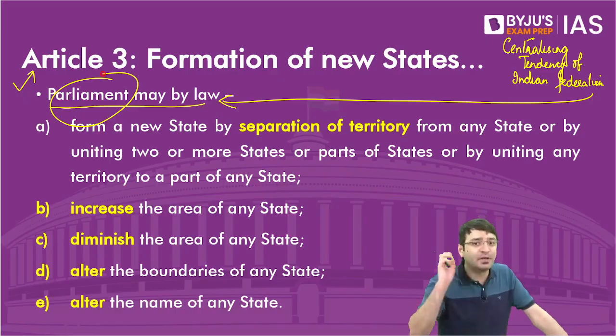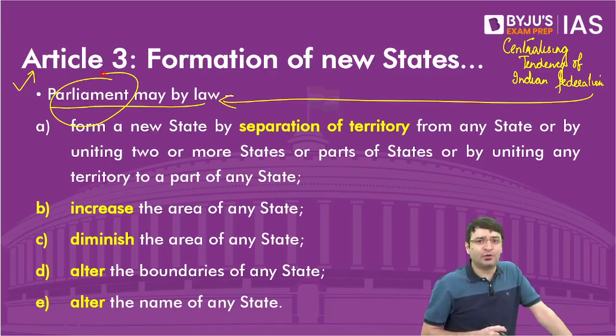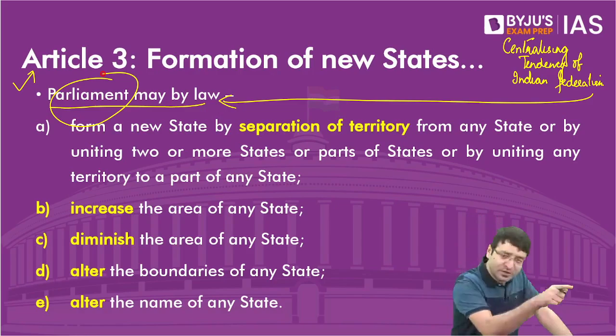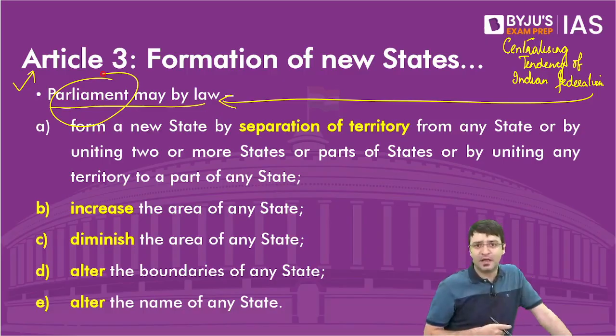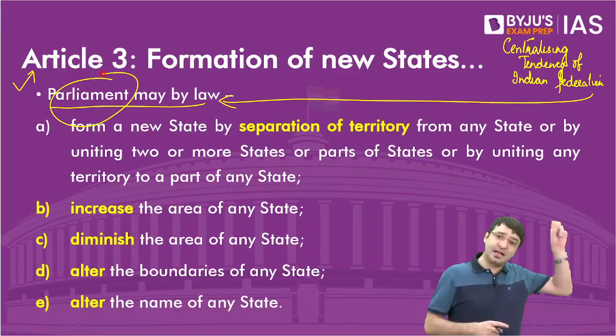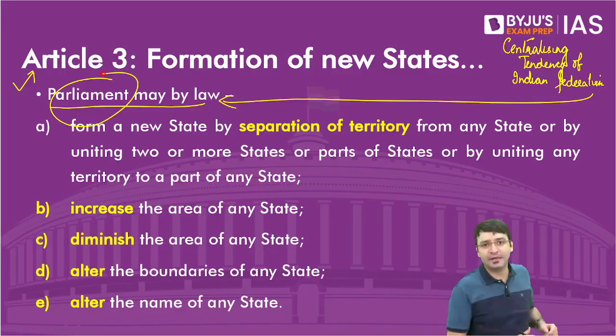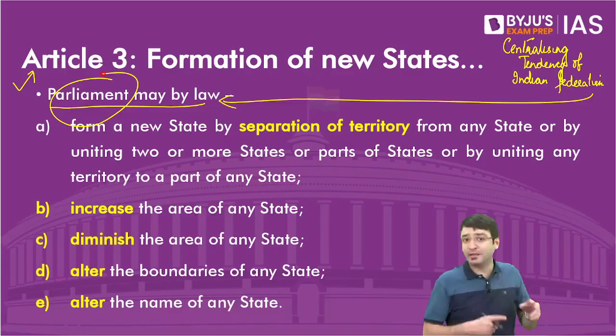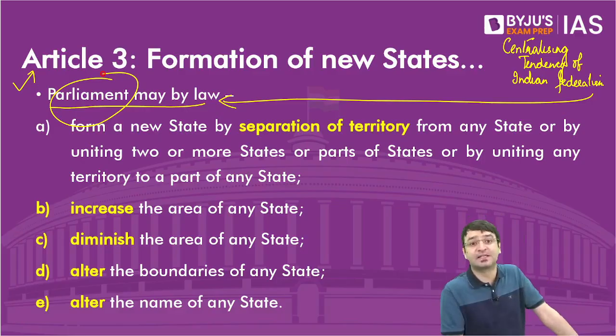This doesn't happen in the United States. In the United States, a state cannot be split without the state's approval. If the state of Florida wants to split itself, it can. But the central government cannot split Florida, cannot split Illinois, cannot split Michigan. That's not the power available with the center in the US Constitution.